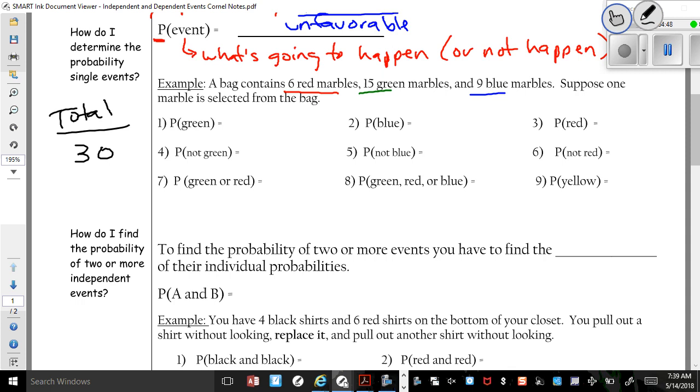So then you're just going to express it in whatever they ask you. The probability, remember I told you that big P means probability, and then in parentheses, it means what they're going to pick out, and that would be green. So the probability of green. How many green ones are there?